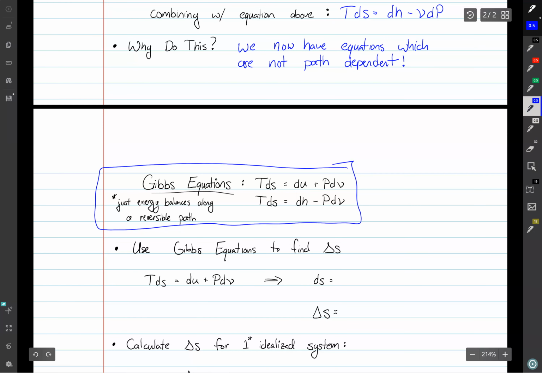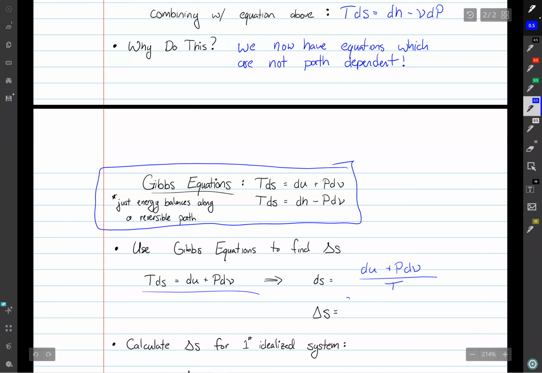So let's start with this equation: T dS equals dU plus P dV. We can rearrange that so that dS equals dU plus P dV over temperature. We can now integrate that.